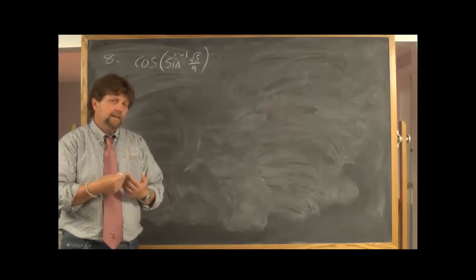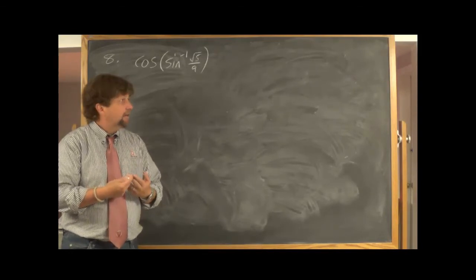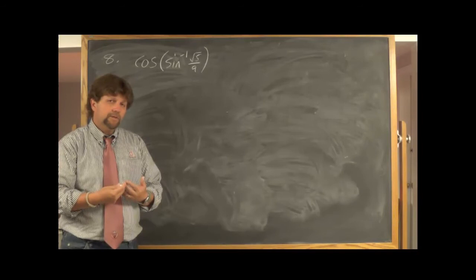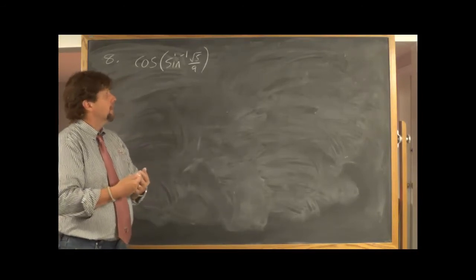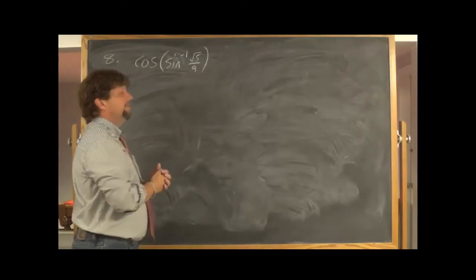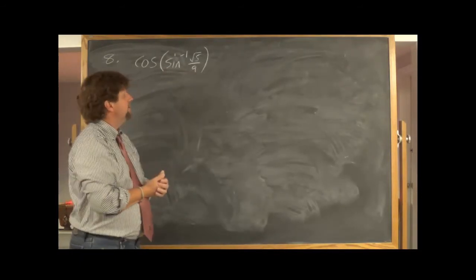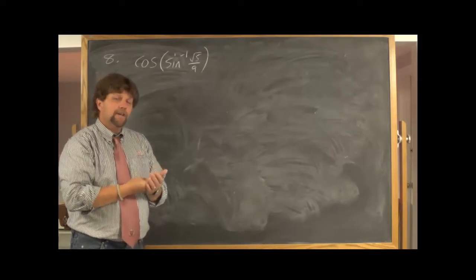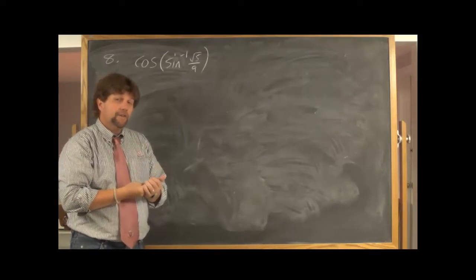So I'm going to attack this in a way that's going to review a lot of things that are going to be important when you take calculus. First off, I look at this: inverse sine square root 5 over 9. That isn't something that I really know off the top of my head on the unit circle.